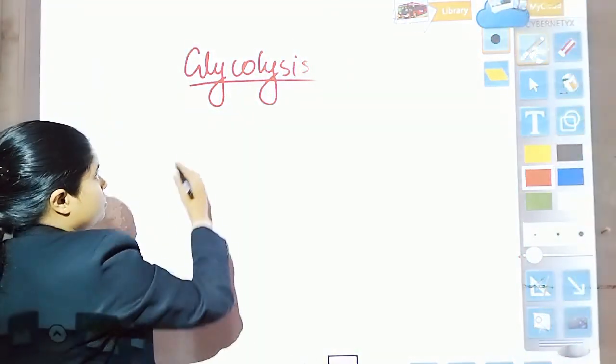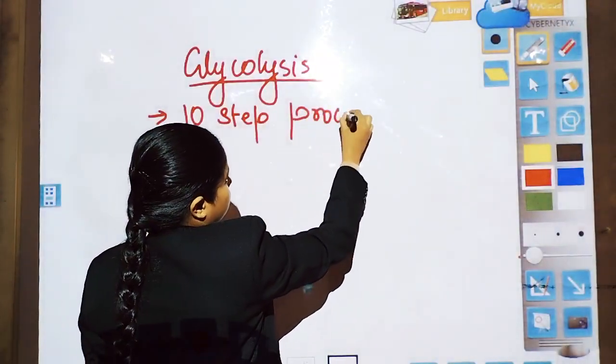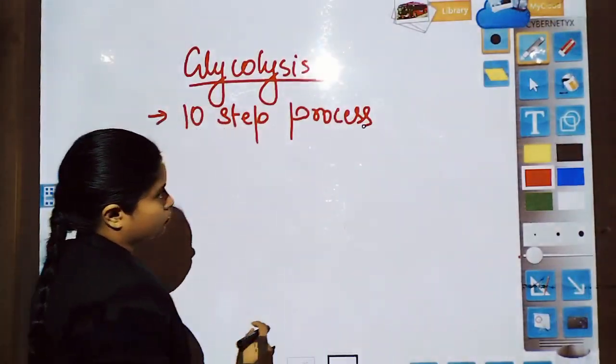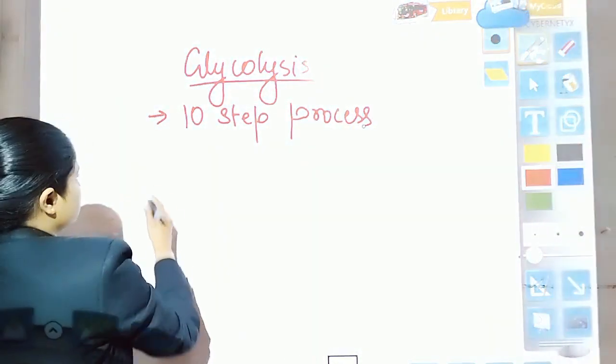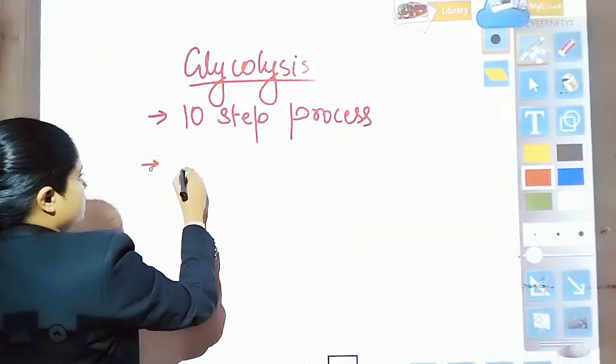Glycolysis is a 10-step process, and the product is pyruvic acid.